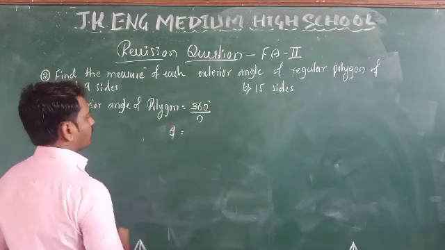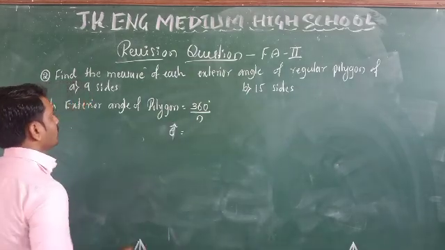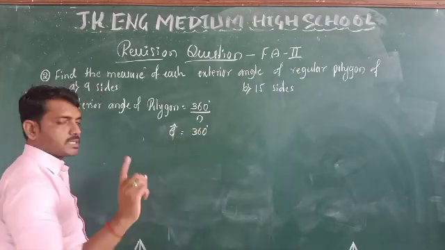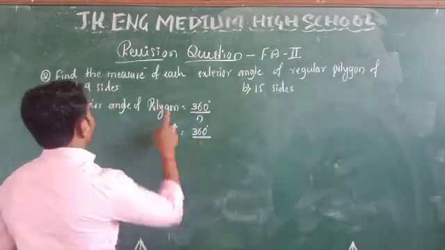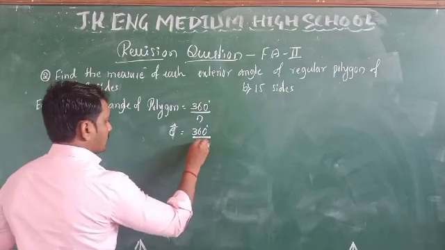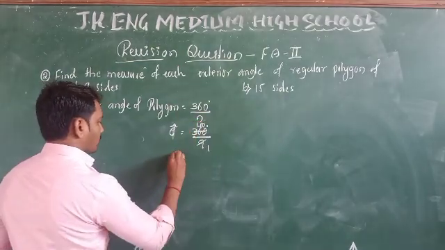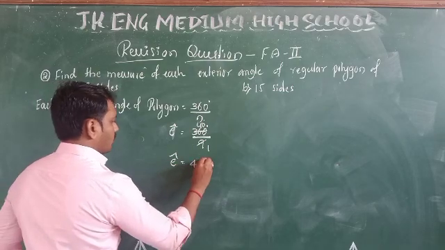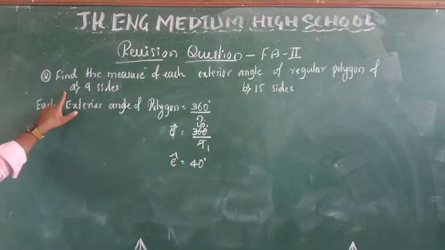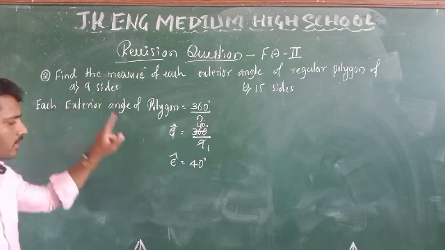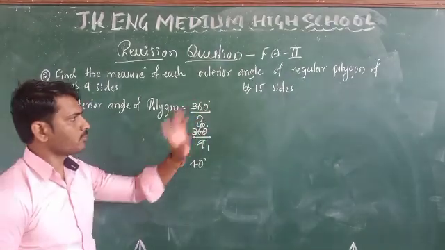Exterior is there. E represents exterior angle, 360 degree divided by how many sides are there? 9 sides. 9 fours are 36. Correct? So each exterior angle of a regular polygon is how much? 40 degree. How many sides are there? 9 sides are there. Each angle is how much? 40 degree. Same question will come here.